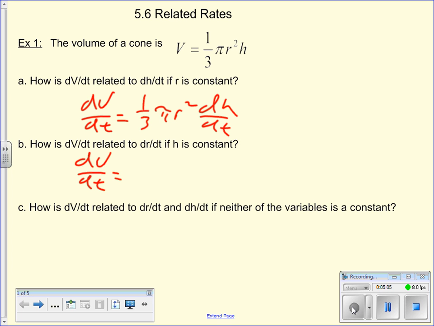The 1/3 pi h is a constant. r squared is my variable that I'm taking the derivative of. What's the derivative of r squared? 2r, and I'm going to have to slap a dr/dt on the end. So I bring down the 2 in front, so that gives me 2/3 pi r h dr/dt. That's if the height is constant.